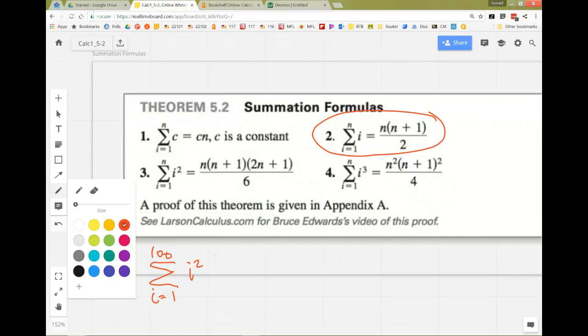If I asked you to do the sum of i squared from 1 to 100, you realize what that means. You'd have to take 1 squared plus 2 squared plus 3 squared plus 4 squared all the way up to 100 squared.